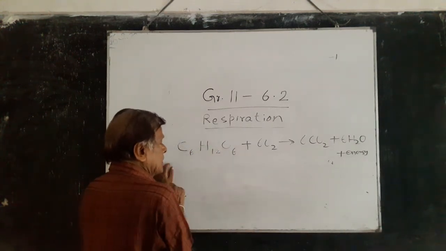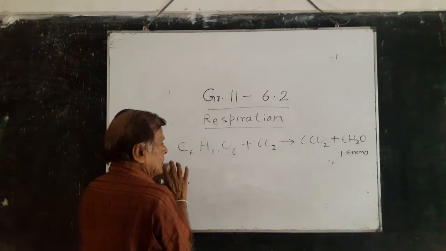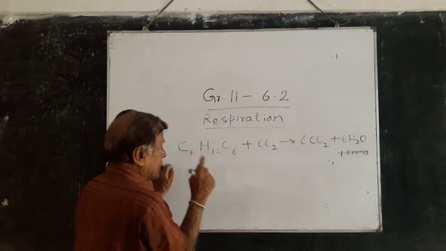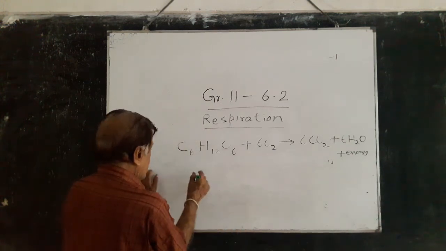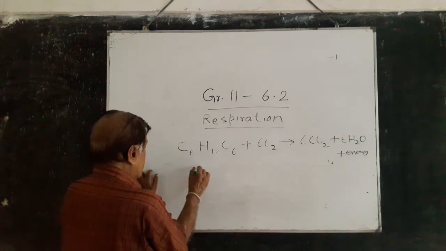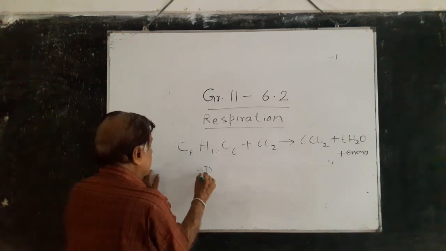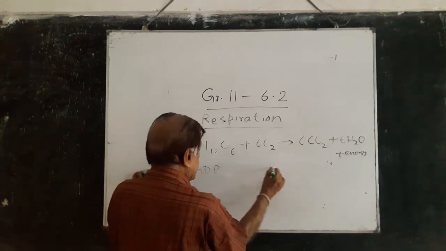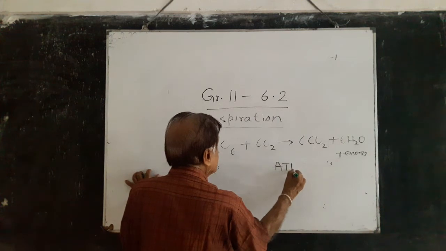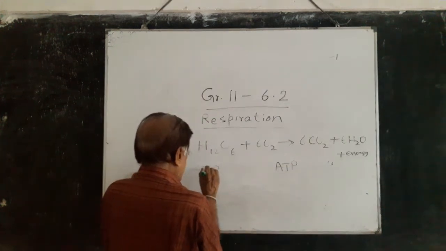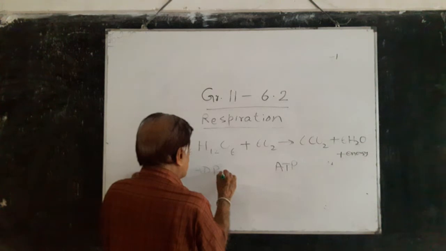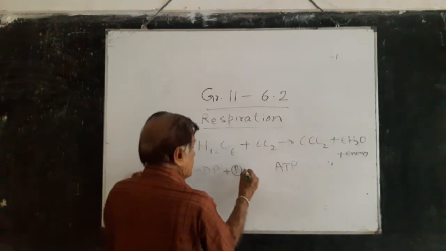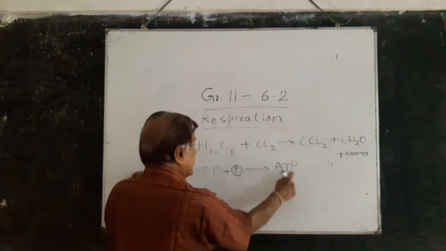When respiration occurs, you know that energy is released. That energy is used to convert ADP into ATP. One ADP molecule combines with one phosphate radical to make one ATP.